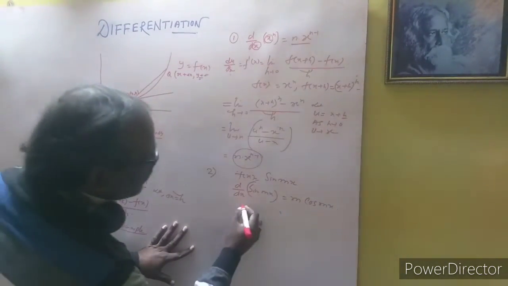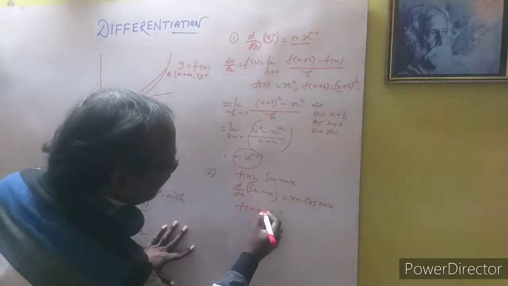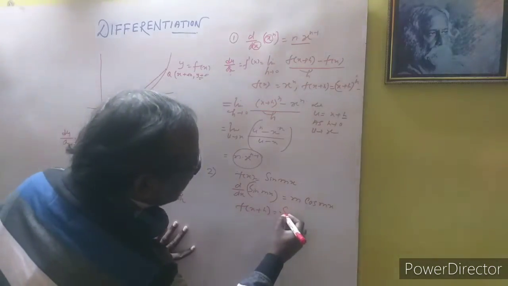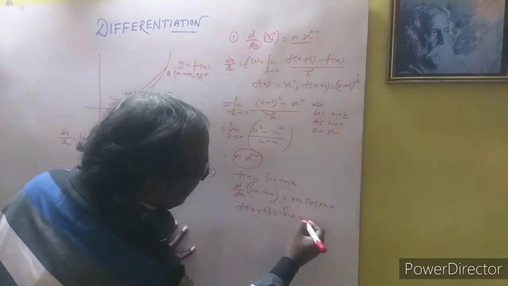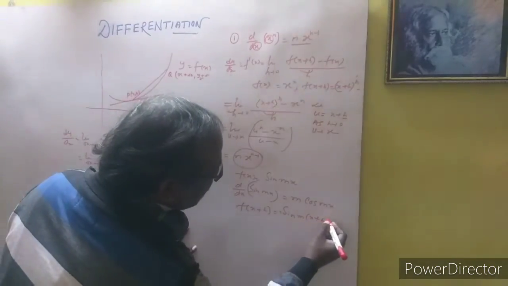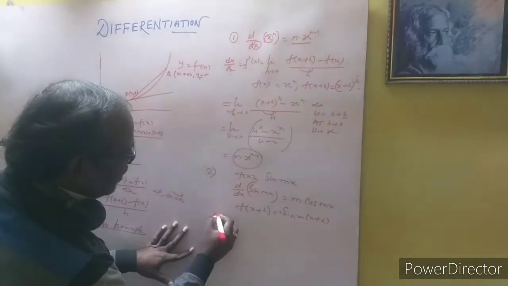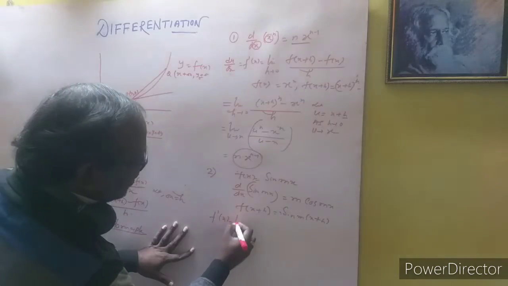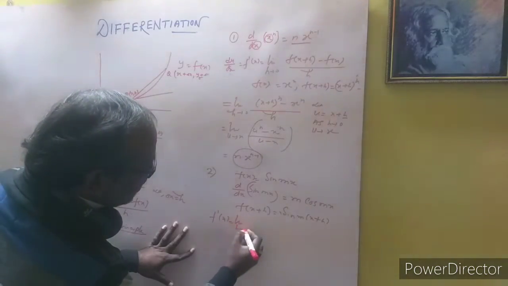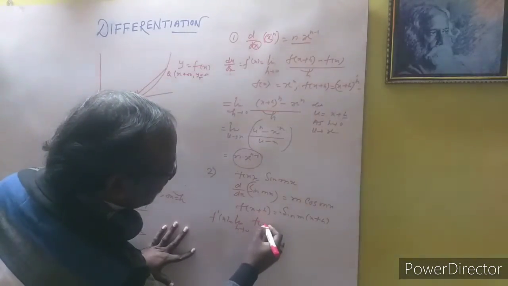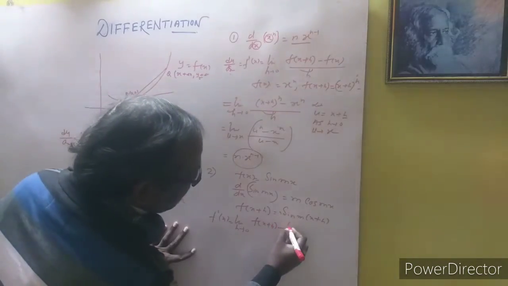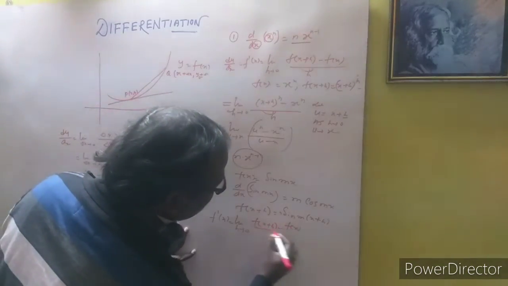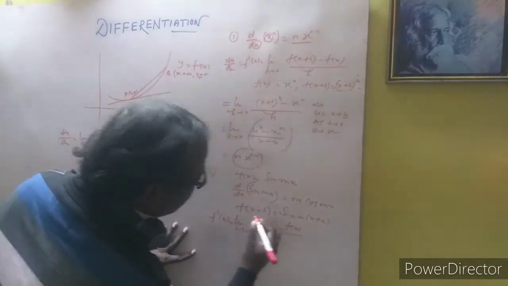See, first we find f of x plus h, which is equal to sin m into (x plus h), and then f dash x is limit h tends to 0 of f of x plus h minus f of x, by h.